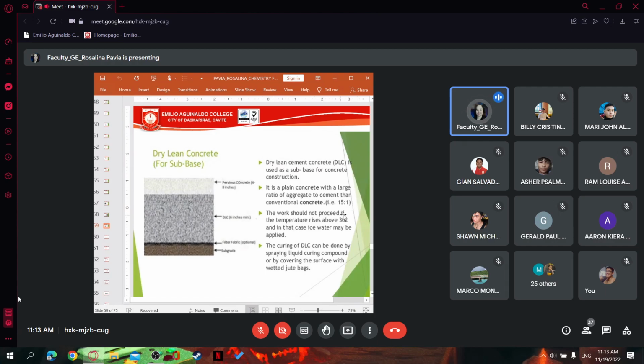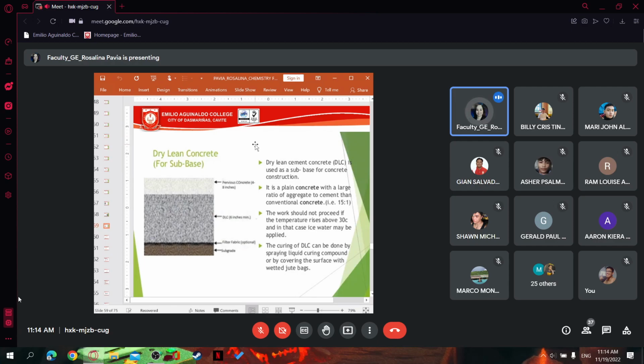The work should not proceed if the temperature rises above 30 degrees Celsius, and in that case, ice may be added. The curing of DLC can be done by spraying liquid curing compound or by covering the surface with wet jute bags. During curing, so medyo sensitive itong DLC.